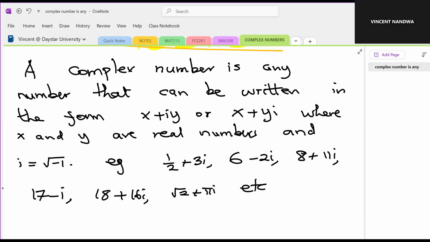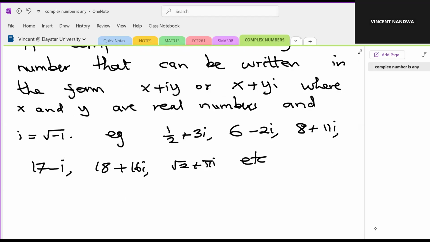Then we can collectively define the set of complex numbers.